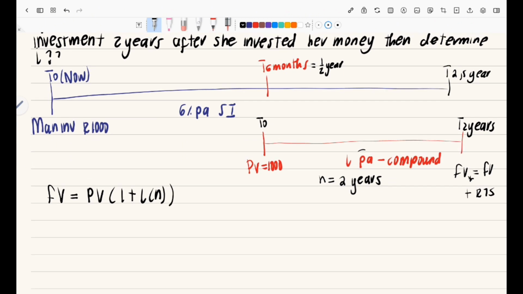So I want to know what this person's future value is here, at 2.5 years, because it's not in the same account, they are investing in different accounts. So the future value of that, the present value was 1,000 rand, 1 plus 6% times 2.5 years.